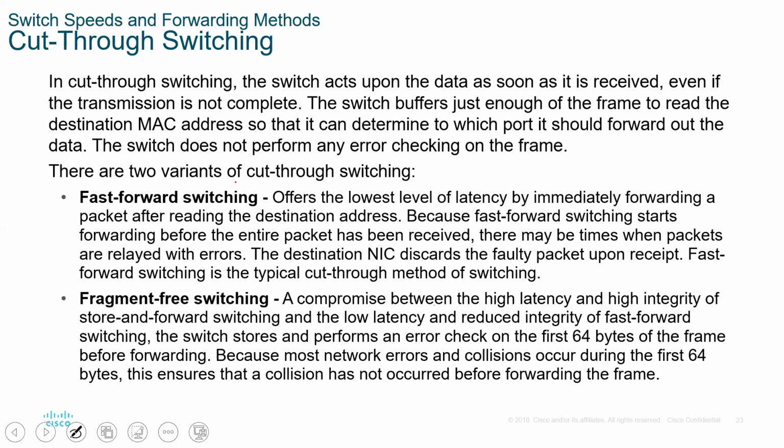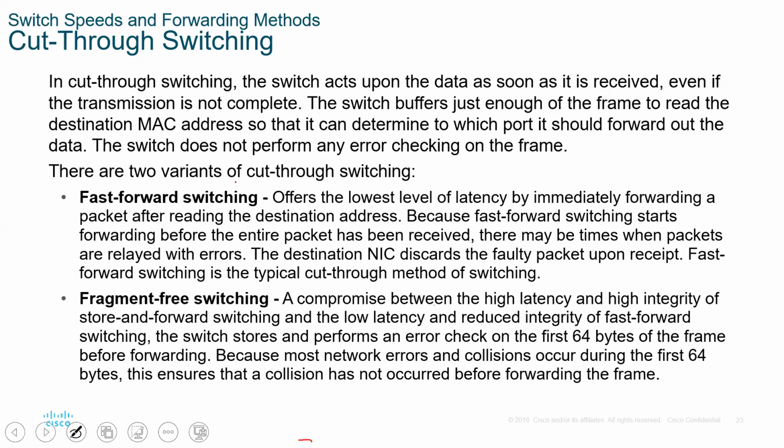The other part of cut-through is fragment-free. Fragment-free is a compromise between the high latency and high integrity of store and forward switching and the low latency and reduced integrity of fast-forward switching.